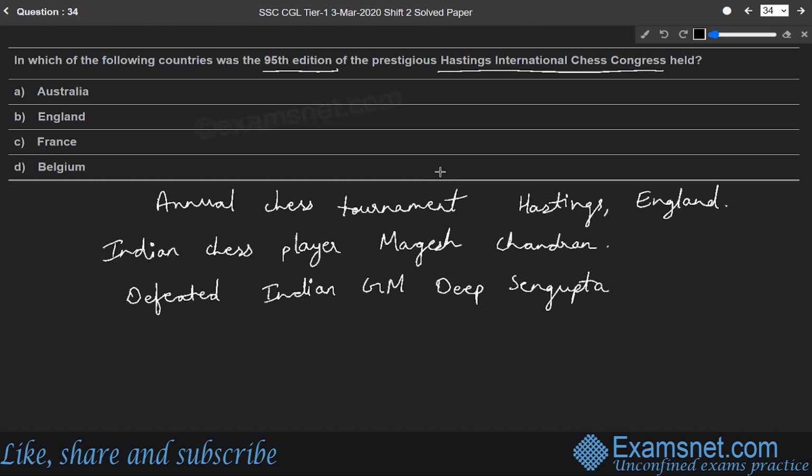This tournament was held from 28th December 2019 to 5th January 2020. So for this question, the correct answer is England, as the annual chess tournament was held in Hastings, England. So the correct option is option B, that is England. I hope you are clear with this question.